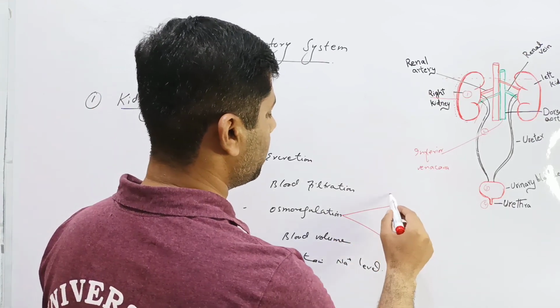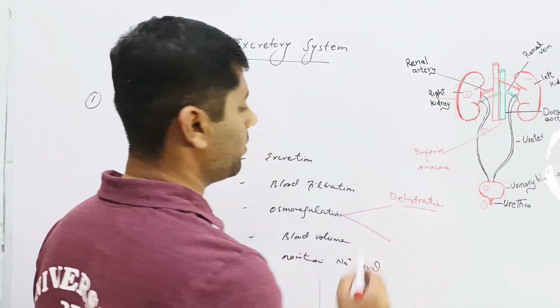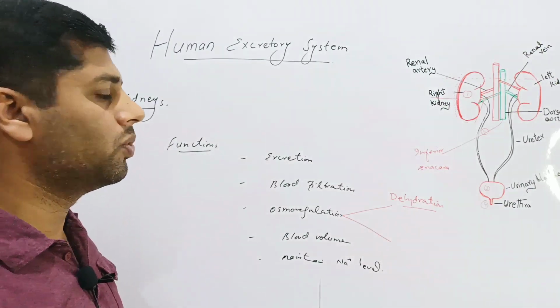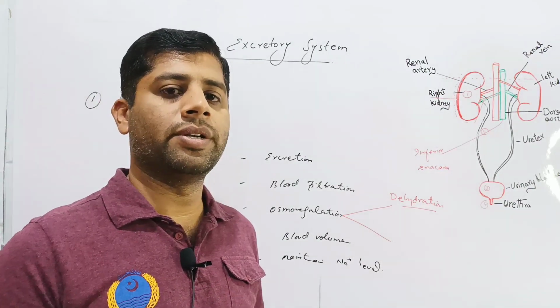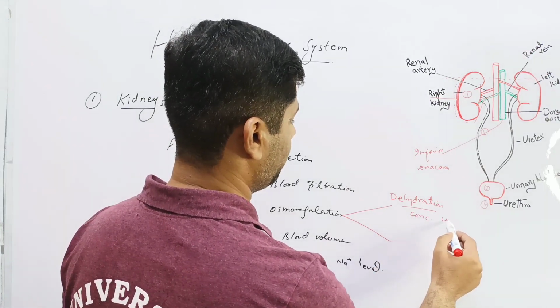It maintains osmoregulation in the body in two ways. For example, in case of dehydration, when there is deficiency of water in the blood or body, there is concentrated urine production by the kidney. More and more water is retained in the blood. So concentrated urine is produced in case of dehydration.